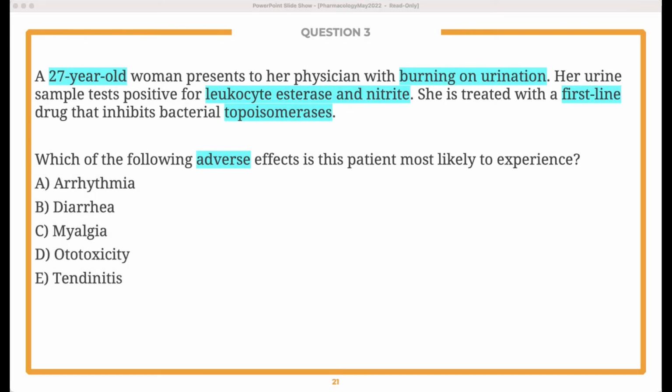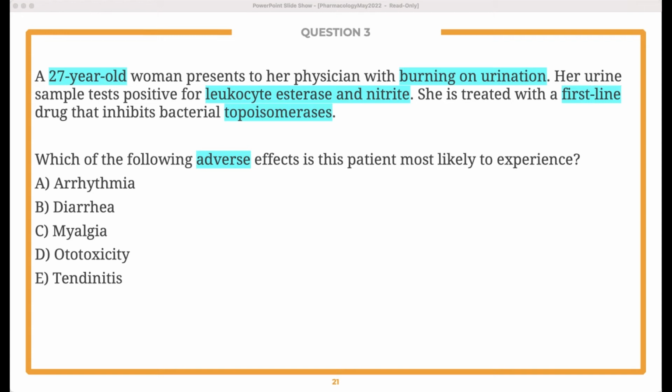So the side effects listed here are E, tendinitis, D, ototoxicity, C, myalgia, D, diarrhea, and A, arrhythmia. We're going to open up that poll for you and give you a few moments to select the answer that you think is correct. Okay, fantastic.